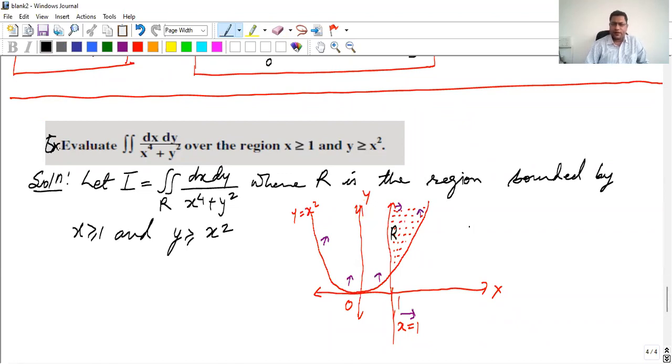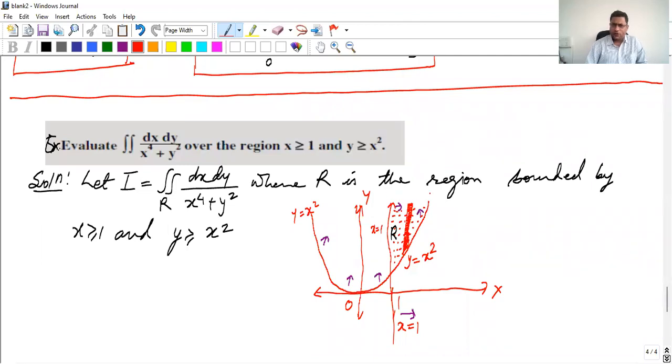Now we can consider the vertical strip or the horizontal strip. Without loss of generality, if I consider a vertical strip, then here the equation of this curve is y equal to x square, and the equation of this line is x equal to 1.